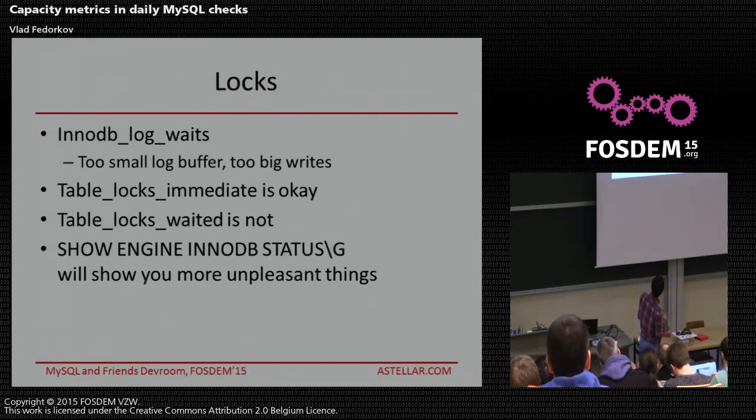I think this is a mistake, it's about I/O. How many times MySQL waits until the log is flushed. So if you see a non-zero value here, you probably need to fix that. It's a bad sign.